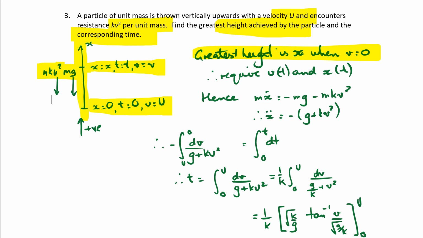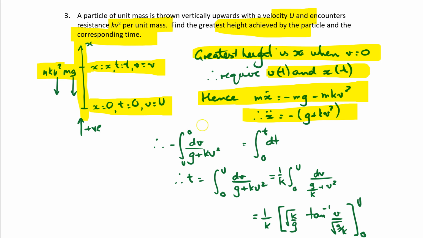Somehow or other we'll need velocity as a function of time and displacement as a function of time. So set up our initial dynamic equation, if you like, that m x double dot is minus mg minus mkv squared. Do our division through by m, and we want x double dot to be in the form dv/dt, because we want to get it as a function of time.